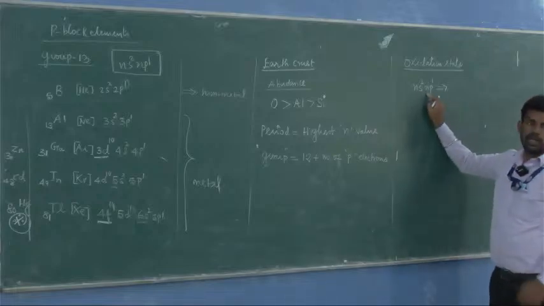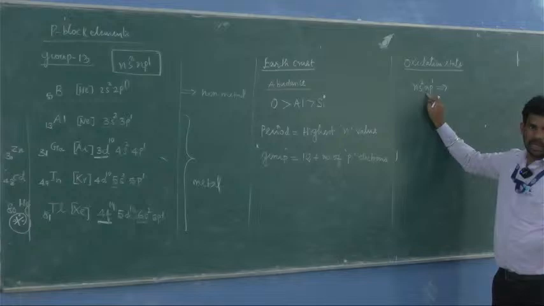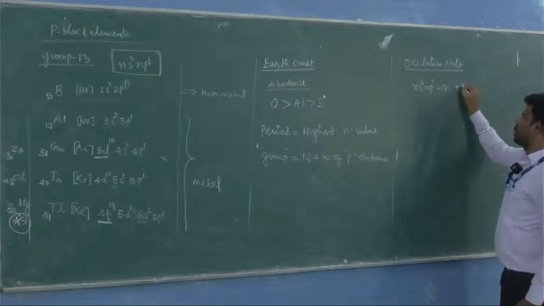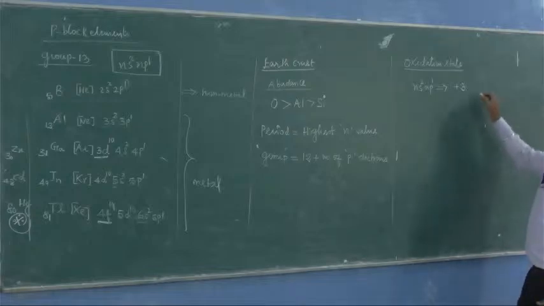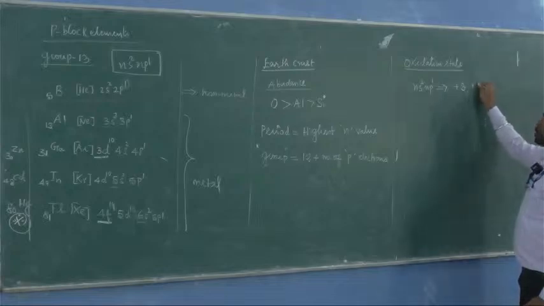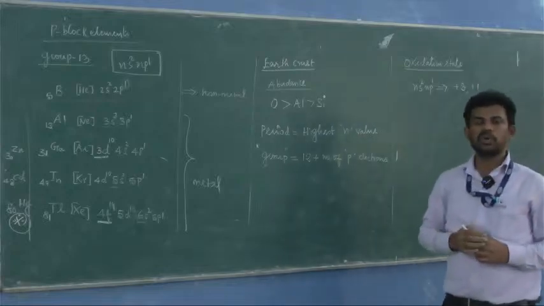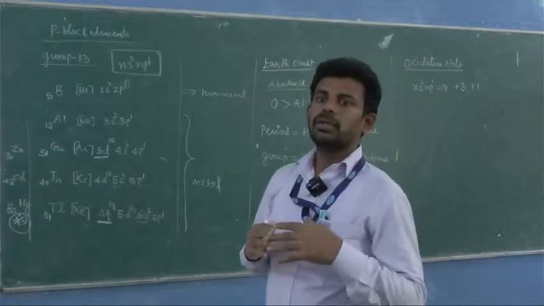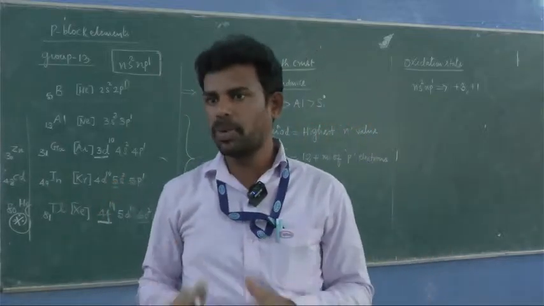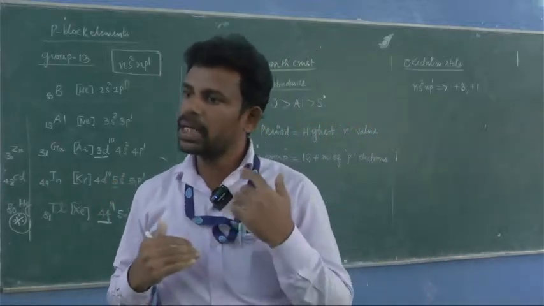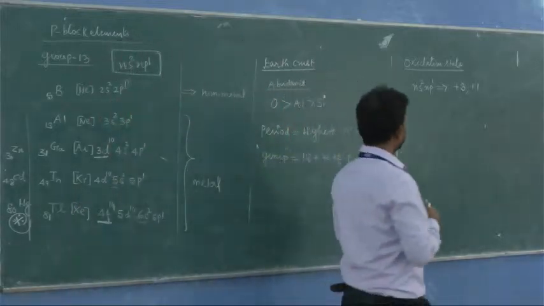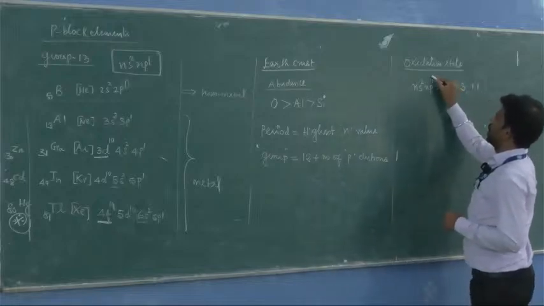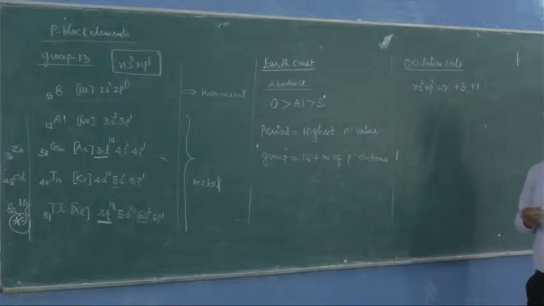Either you can remove all 3 electrons, because the valence electron count is going to be 3, so the +3 oxidation state is possible, because we can remove all the valence electrons. The other oxidation state is going to be +1. You can remove all the s and p electrons, or you can remove only the p electron. Is it clear? So in this case, only p can participate.